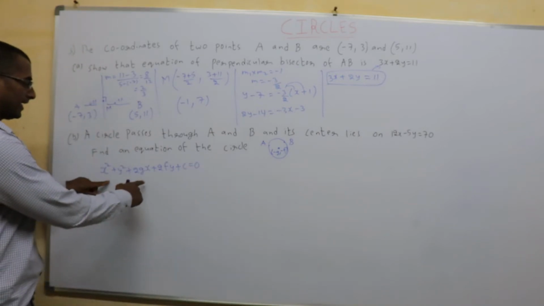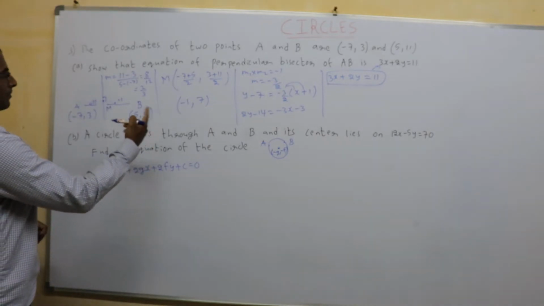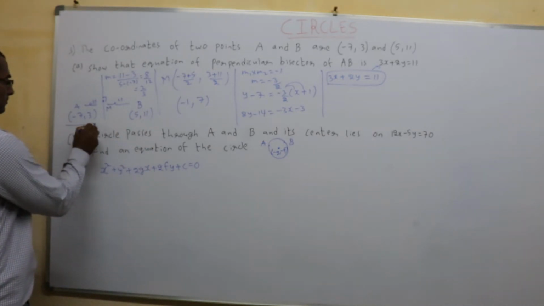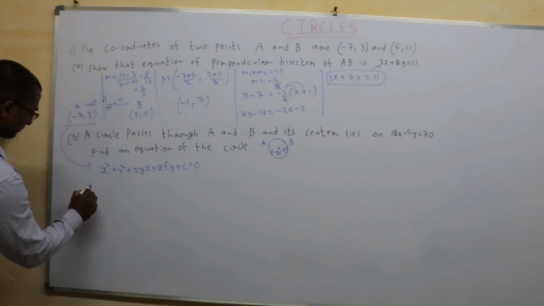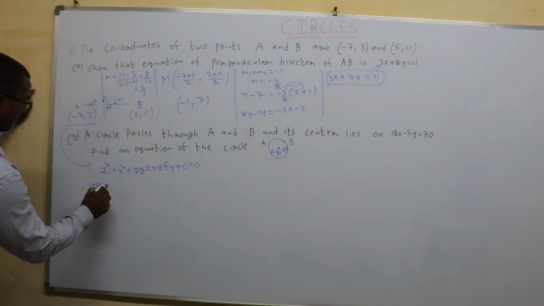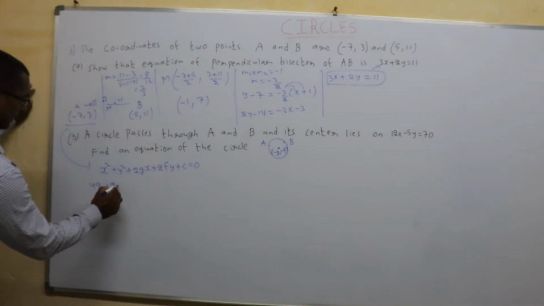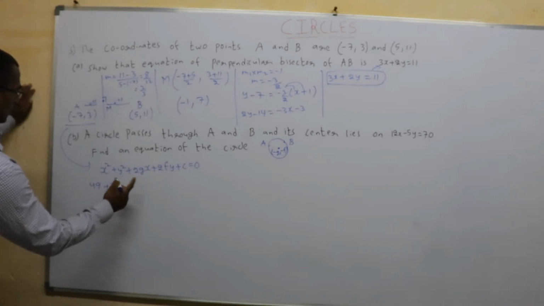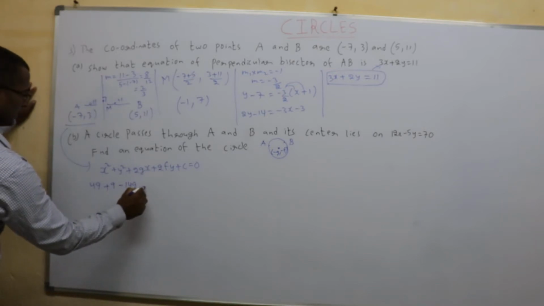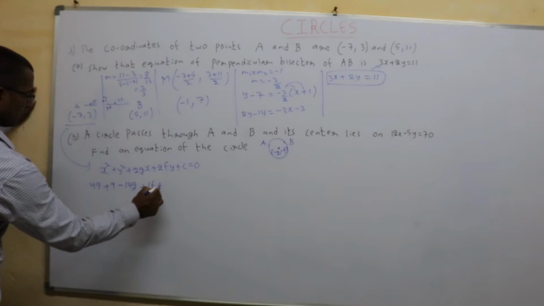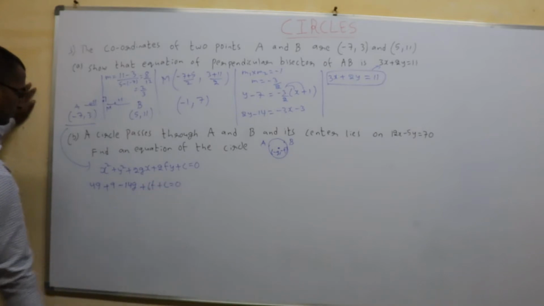Now, these two lie on the circle, so I can place these 2 points in the circle equation. When I put A in this, A is -7, 3. So in place of x, -7 means I get 49. In place of y, 3 means 9. And here -2 into 7 is 14g plus 6f plus c equal to 0.